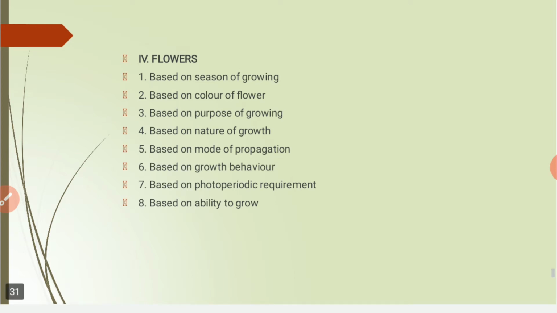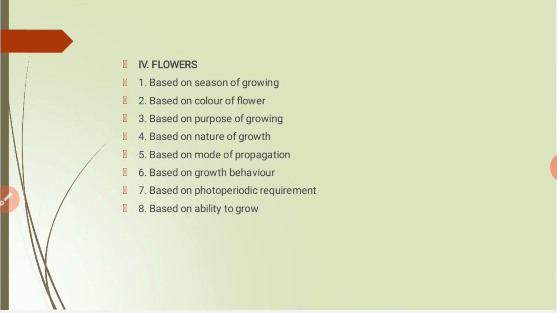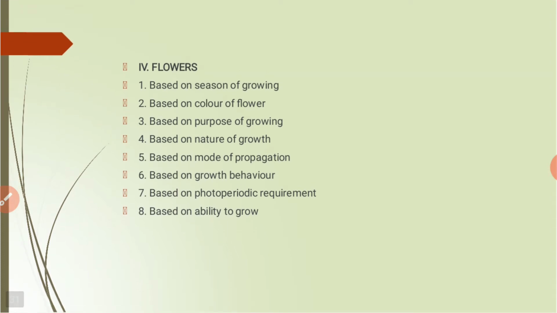So again these flowers are classified in the season of growing, that is winter, rainy and summer season. The second criteria is based on color of flower. On the basis of color of flower, again flowers are divided into types. Then the third one is purpose of growing. On the basis of this, flowers are again divided.